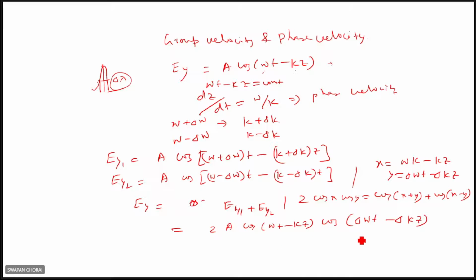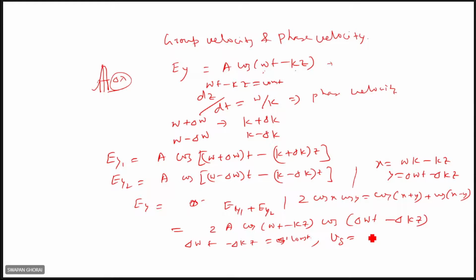And if you consider the other term, Δωt − Δkz, set it to a constant and find dz upon dt, that is called Vg, the group velocity.